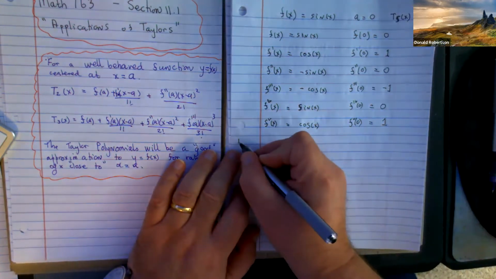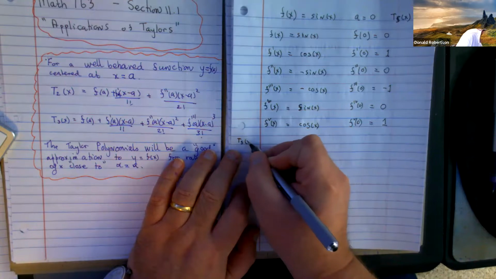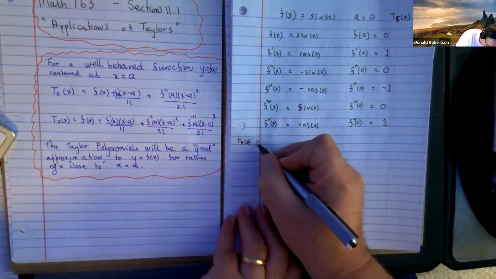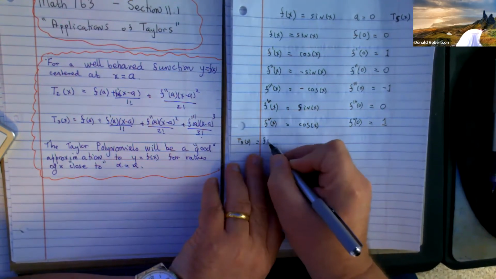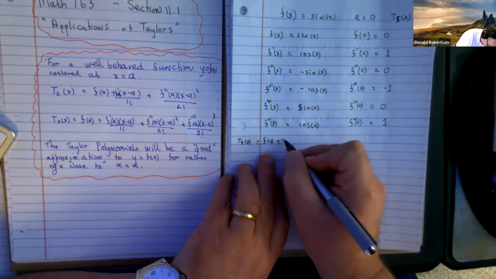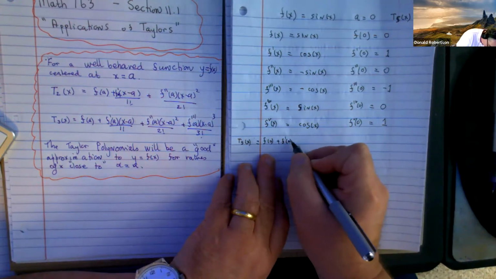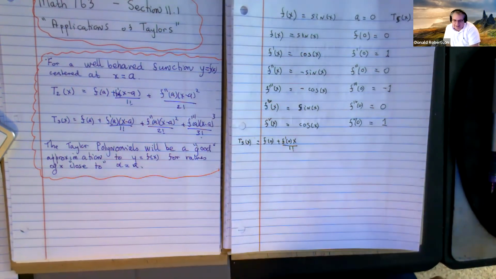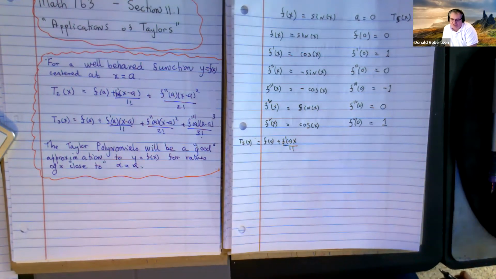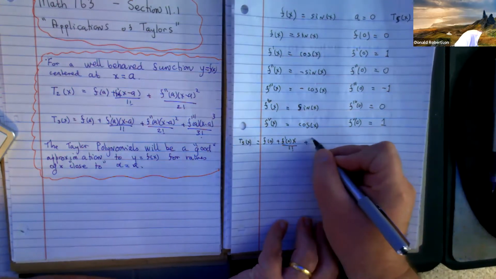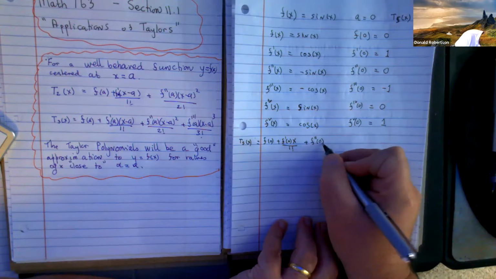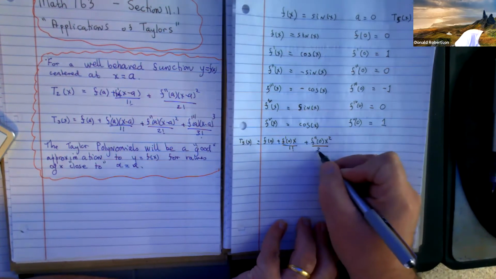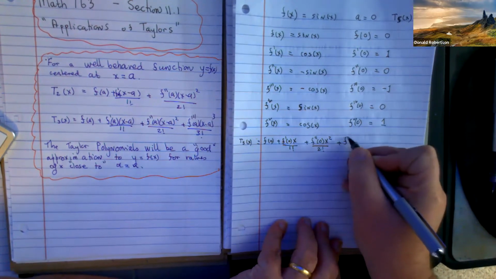Now, if you want to find T5 of x, in this case, it's going to be f of 0 plus the derivative at 0, x over 1 factorial. Technically, I should be saying x minus 0, but that's just x, so I'm not going to bother. I'm going to add the second derivative at 0, x squared over 2 factorial. Keep going.